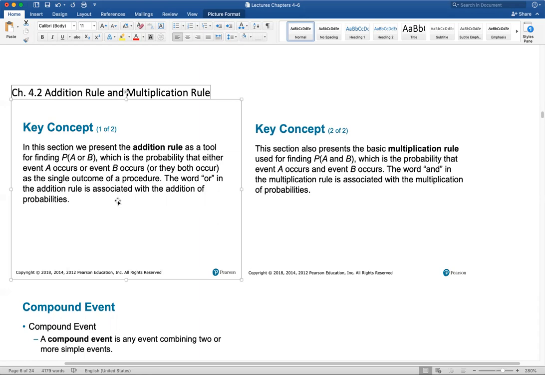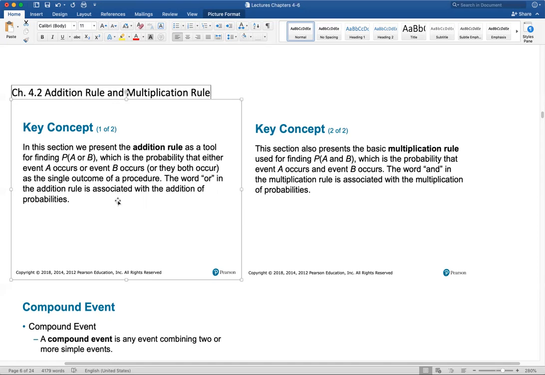The word "or" in the addition rule is associated with the addition of probability. Or means A union B, so either A or B or both occur, and that is associated with the addition rule.